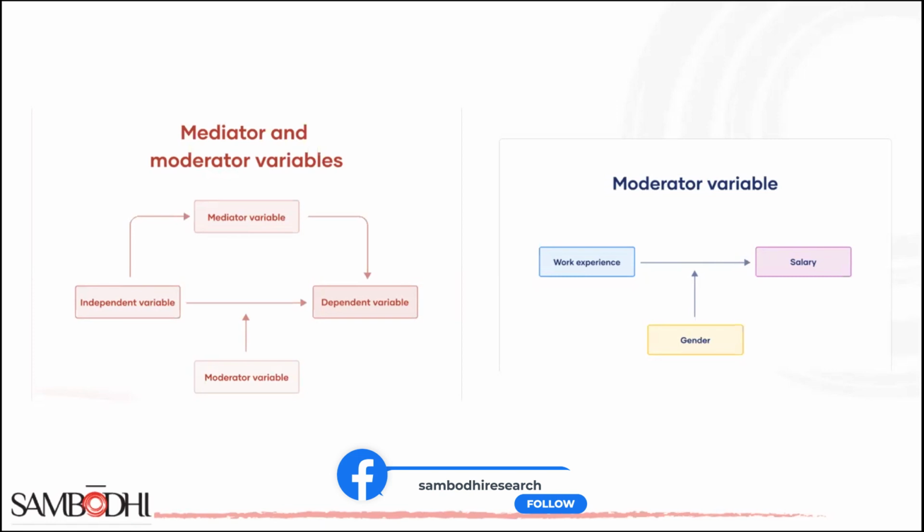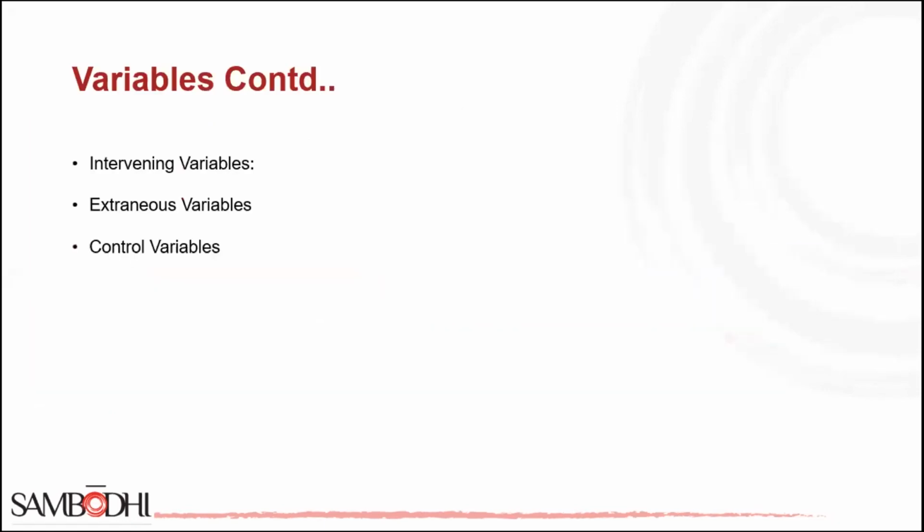The IV helps to explain the variance in the DV, and the mediating variable serves as a function of the IV, which basically helps us to conceptualize the relationship between IV and DV. The moderating variable explains the variance in the independent variables. Let's go ahead and check the other variables.